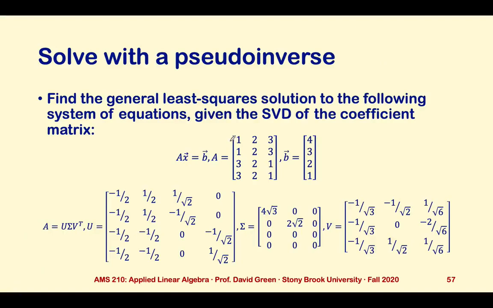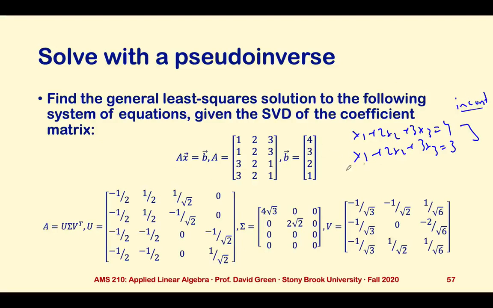In equation form, this system is x1 plus 2x2 plus 3x3 equals 4. x1 plus 2x2 plus 3x3 equals 3. These have the same left-hand side, different right-hand sides. This is obviously an inconsistent system.